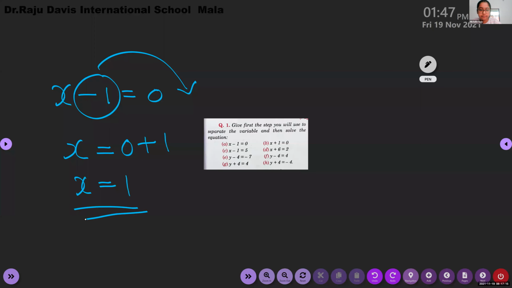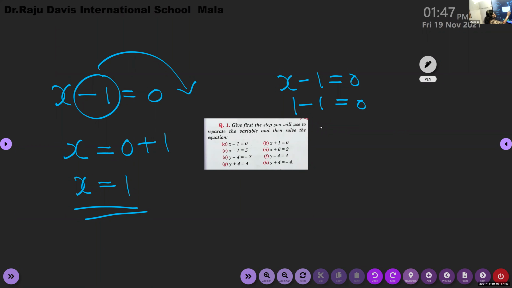And then the next step is cross checking. You have to see whether your answer is correct or not. What you have to do is simply substitute this number in the problem. Substitute this answer, that is x is equal to 1, in this problem. So x is equal to 1 means put 1 instead of x. Then what will you get?